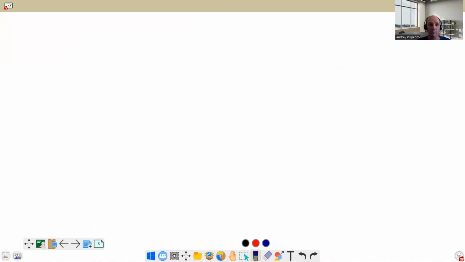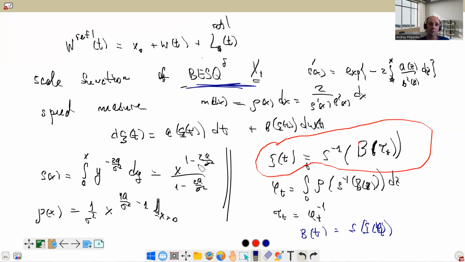So we have s. The scale function is this. You can calculate these integrals and just forget about the scale function and say, okay, let us consider the function s of x. Let us consider the inverse function.